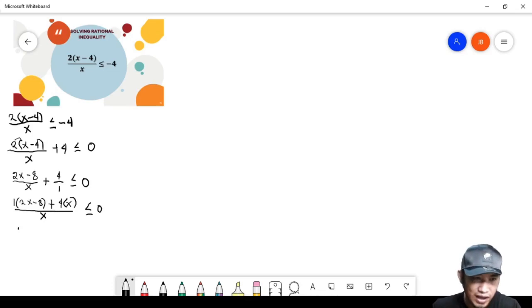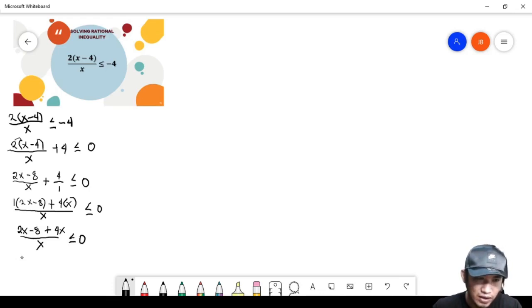So, simplify natin. So, 1 multiplied to 2x is 2x. 1 multiplied to negative 8 is negative 8. Plus, 4 times x is 4x all over x is greater than or equal to 0. And then, okay, so simplify na naman natin.